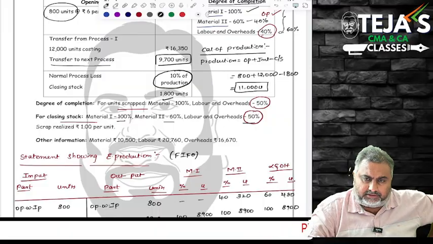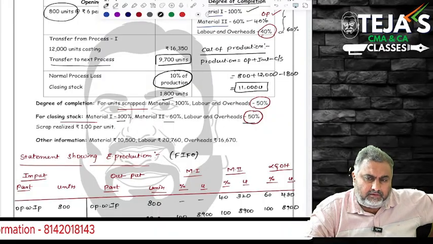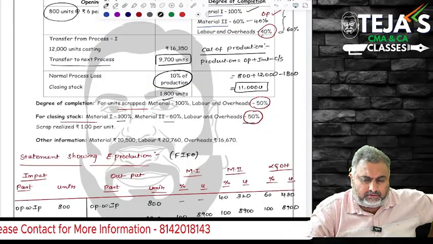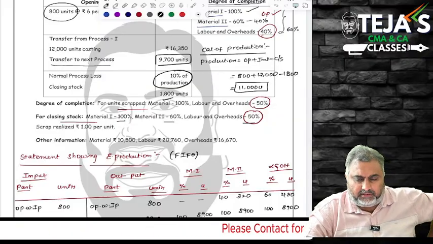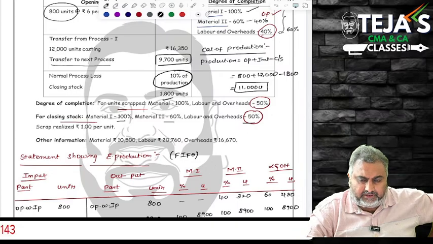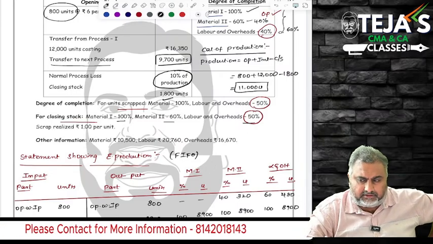Calculation of production. Write down the formula: production equals opening plus introduced minus closing, that is equal to 800 plus 12,000 minus 1800, that is equal to 11,000 units.